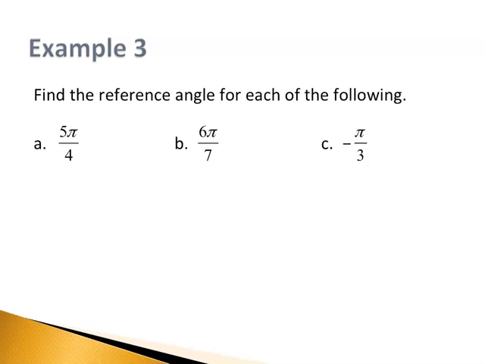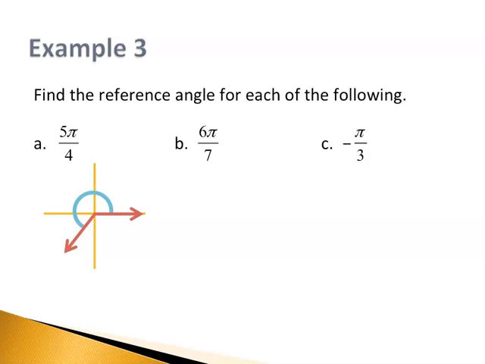Remember, 2 pi is a full rotation, pi is half a rotation. So 5 pi over 4 is just a little bit more than pi. It's 1 1/4 pi. So if we want to think about where this is on the graph, 5 pi over 4 is going to take us into quadrant 3.